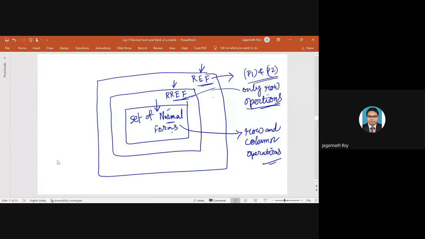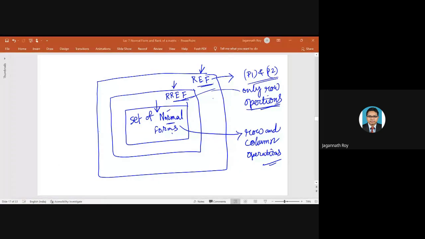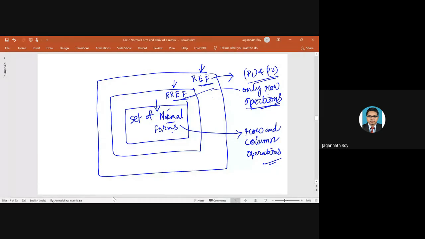And depending on the rank, we can study the solution system, whether a given system is consistent.